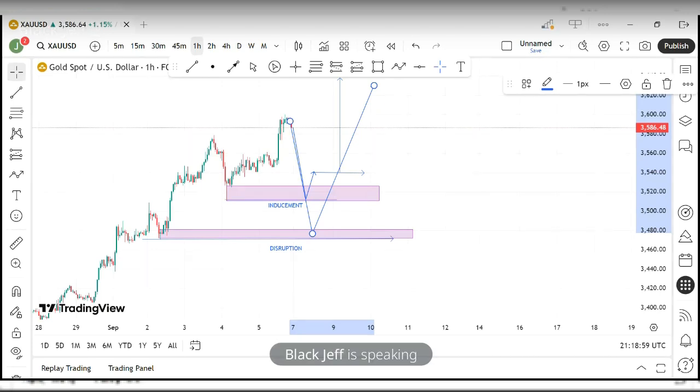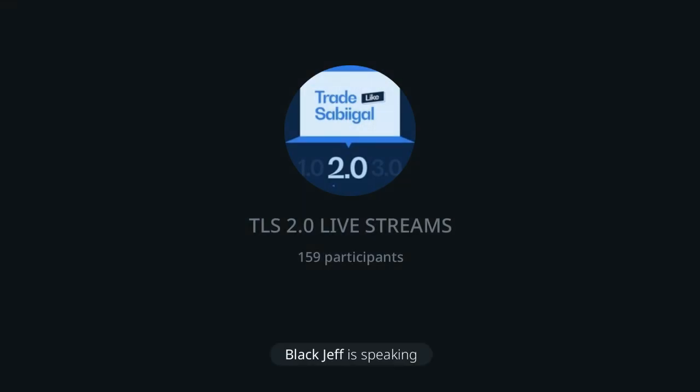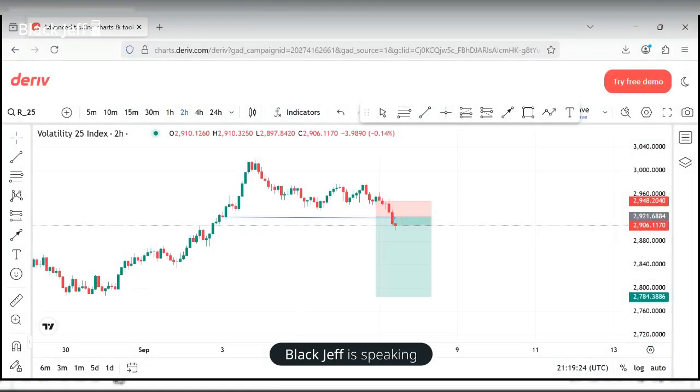I can't find it. No, I have to use TradingView. Let me find TradingView. I want to reshare my screen and show you guys that V25 I've been selling. Okay, I've seen it now.